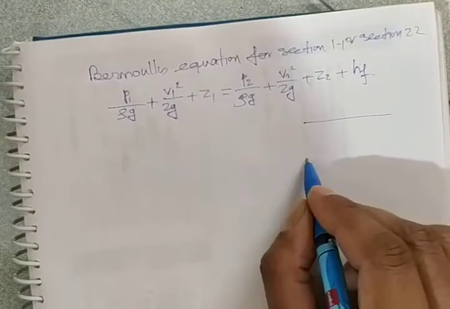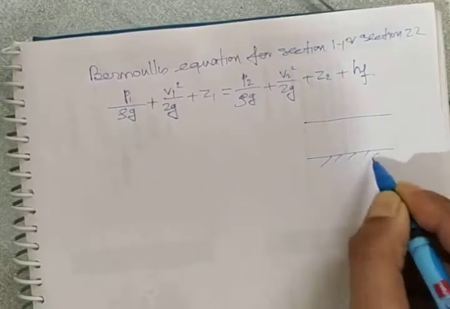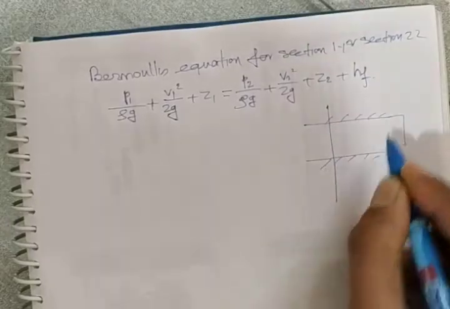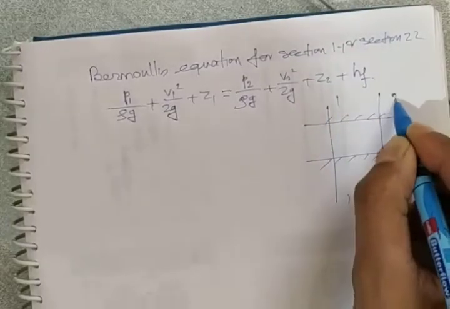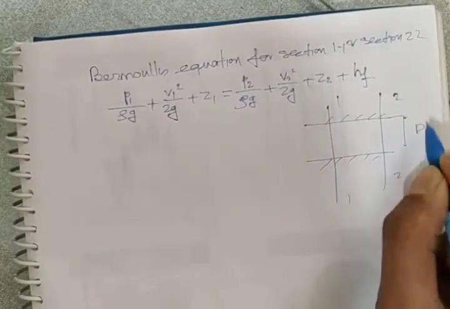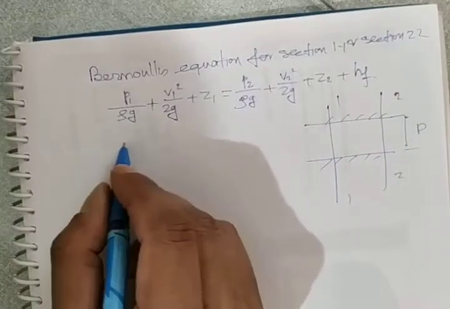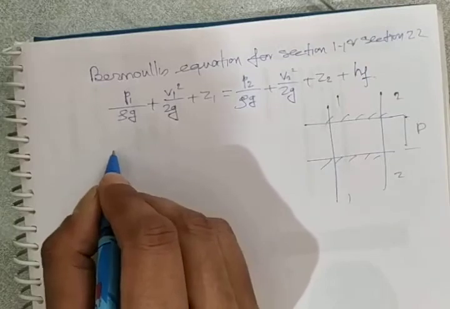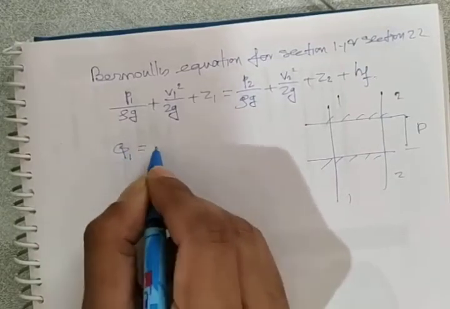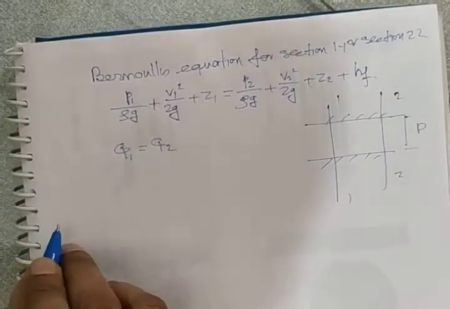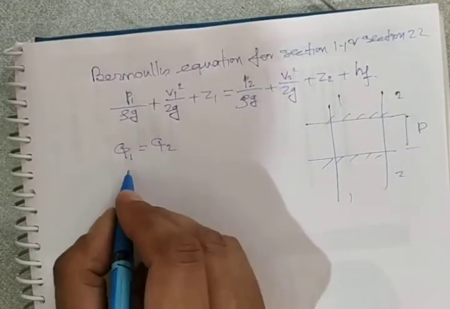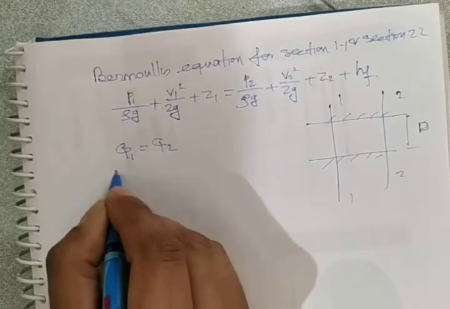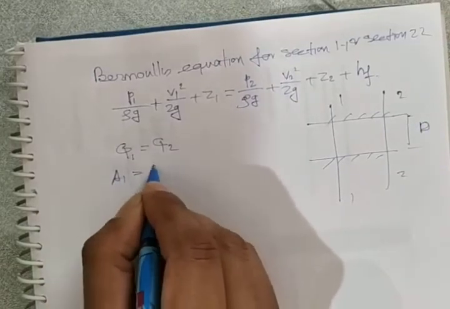Since this pipe diameter is the same for section 1-1 and 2-2, discharge is the same, so Q1 and Q2 are equal. Since diameter is the same, area is the same, A1 equals A2.